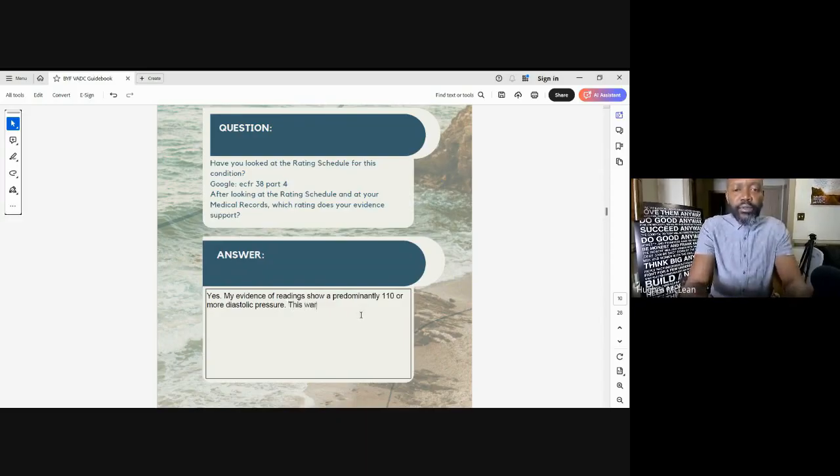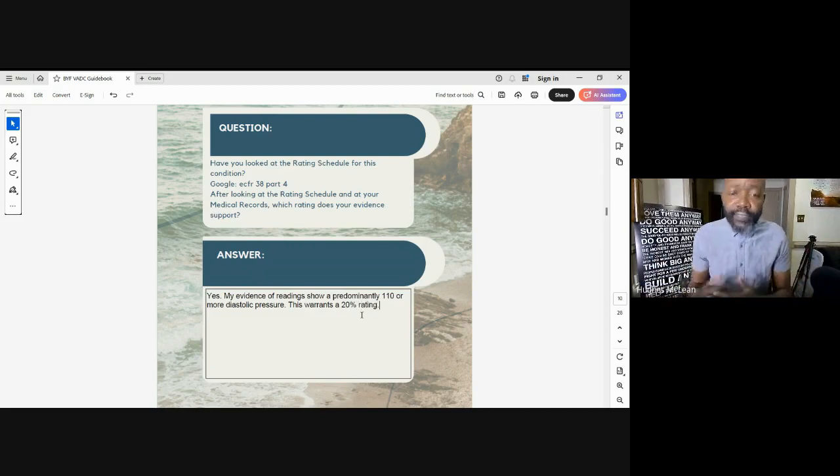This warrants a 20% rating. All right. And that would be it. Looking at those readings and saying, hey, my evidence shows the diastolic is 110 or more normally. So that will warrant a 20% rating.